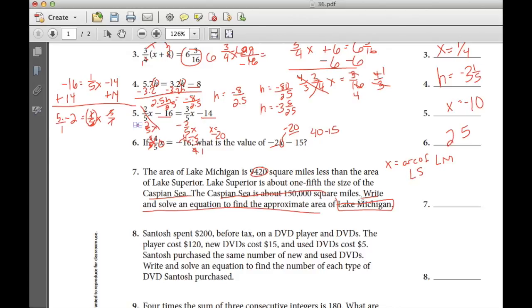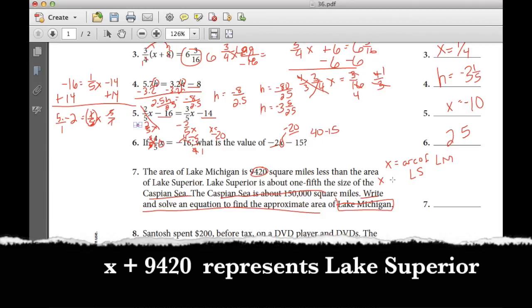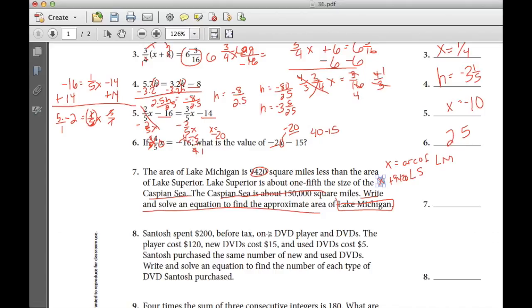Okay, so if x is the area of Lake Michigan, then Lake Superior is going to be the area of Lake Michigan plus 9,420. So I'm using this first sentence. Lake Michigan is that many square miles less than Lake Superior. So if I take Lake Michigan and add 9,420, I should get the area of Lake Superior. And then Lake Superior is 1/5 the size of the Caspian Sea.